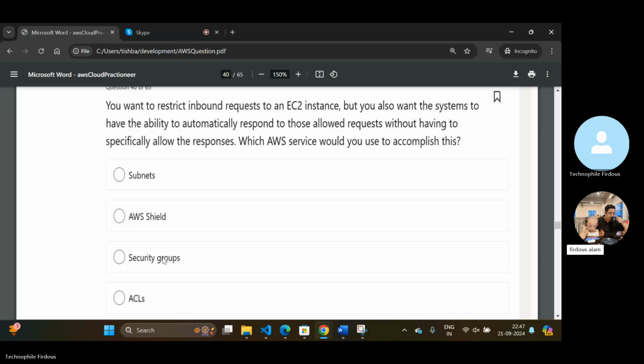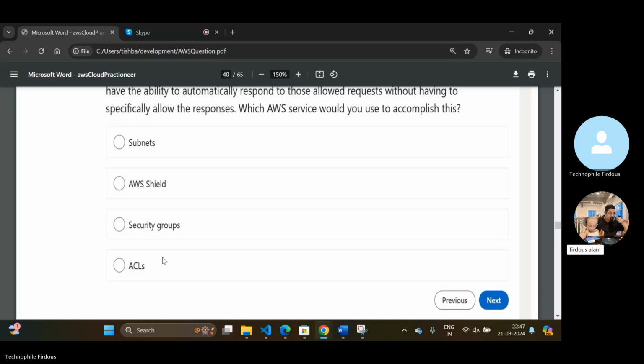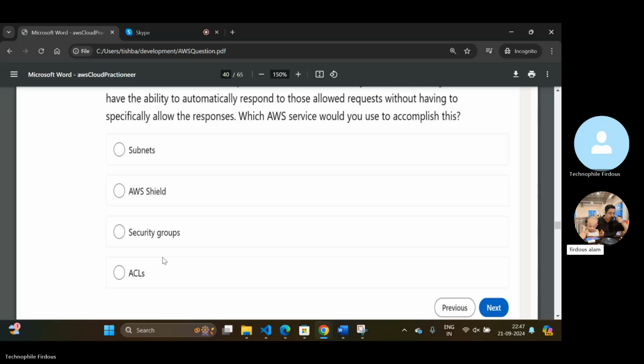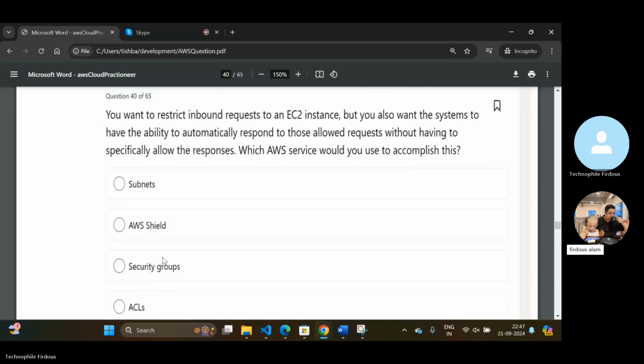You want to restrict inbound requests, but you also want the system to automatically respond to those allowed requests, without absolutely having to allow the response. So what could be the answer? Yeah, it could be done through AWS Shield, right?